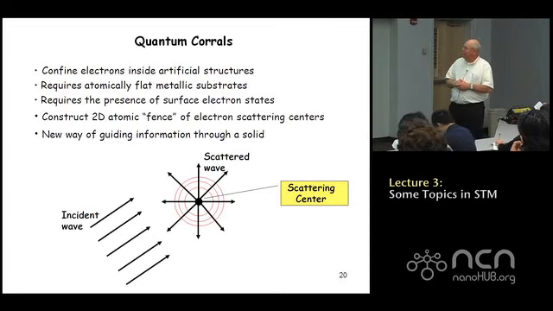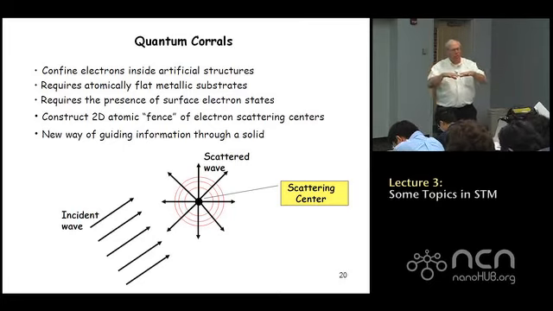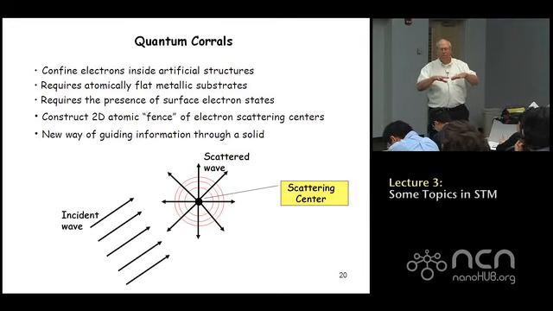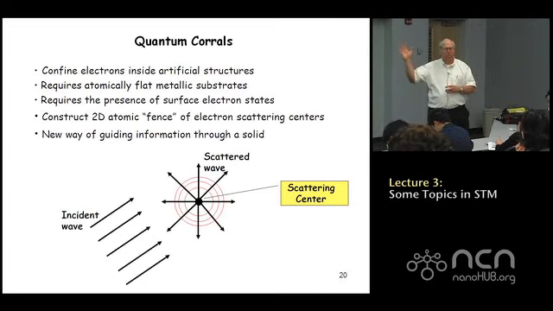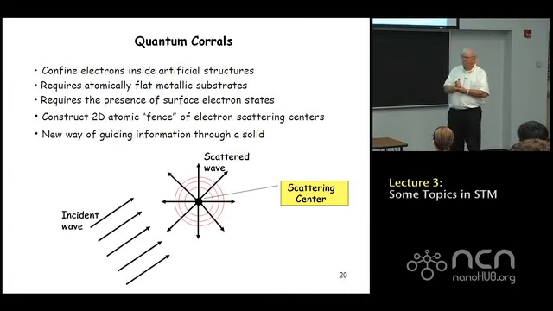And the idea is if you arrange these scattering centers in intelligent ways, then you can cause constructive or destructive interference of that scattered wave from each scattering center. And this constructive or destructive interference can set up standing wave patterns, right, that are independent of time as long as your incident wave is persistent. So that's the basic idea. In this example, the incident wave is basically going to be the electron surface states on a metal surface.